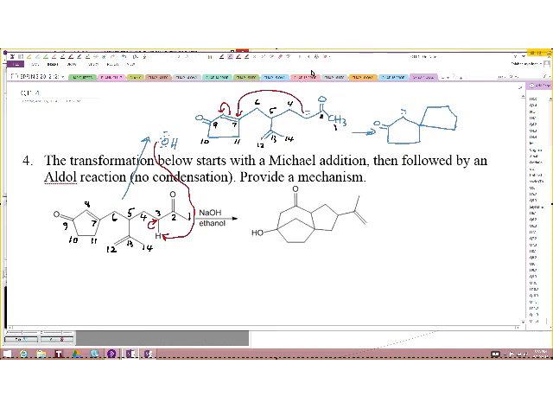Let's number this here. This is our carbon number 3 right here, carbon number 7 right here. So we have this here.